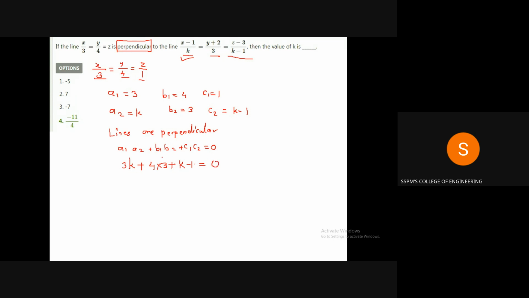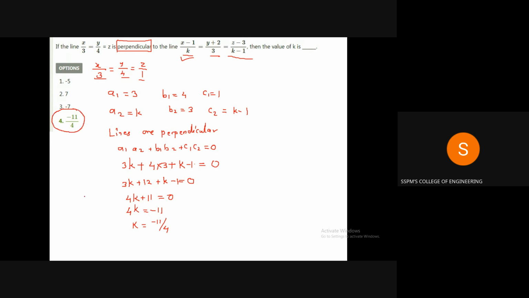If we solve this, we have 3k plus 12 plus k minus 1 is equal to 0. So 3k plus k is 4k, 12 minus 1 is 11, is equal to 0. Therefore 4k is equal to minus 11, and k is equal to minus 11 divided by 4.